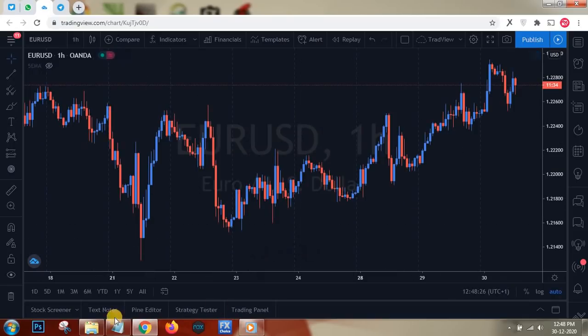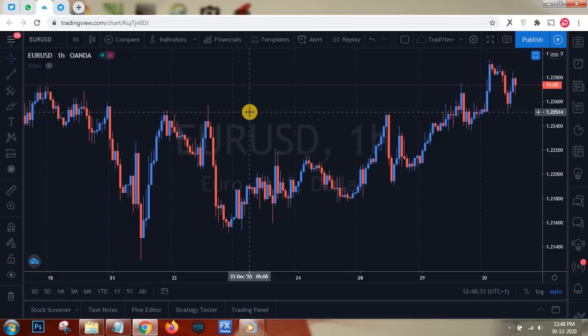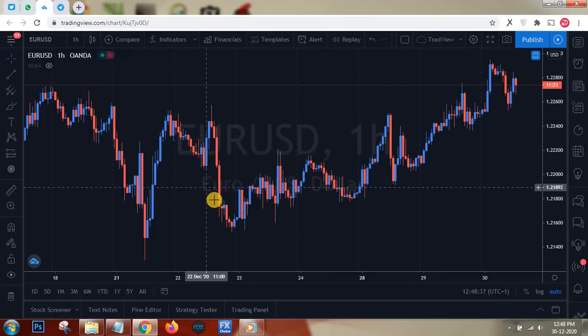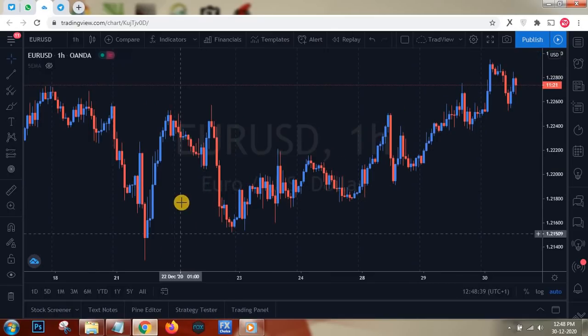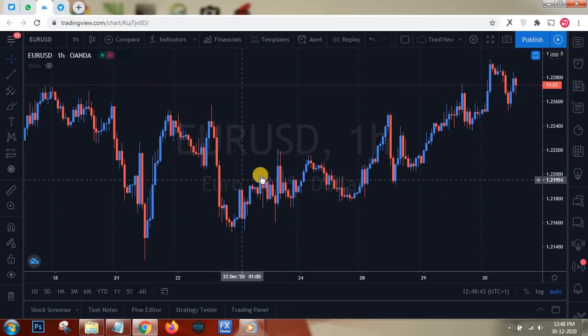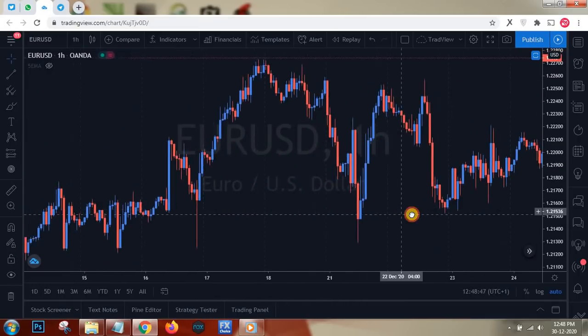So let's start with the first one, engulfing candlestick. Now I'm going to start with the bullish engulfing candle, which is the buys.